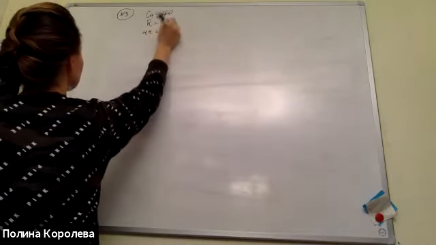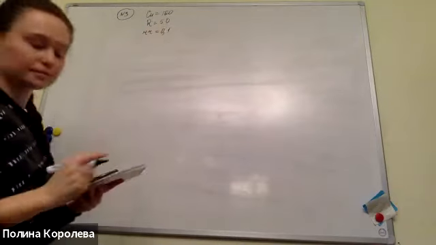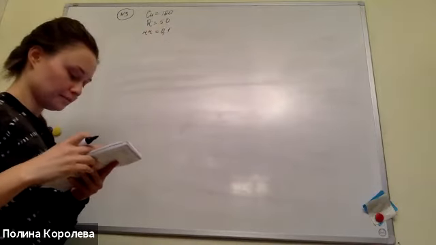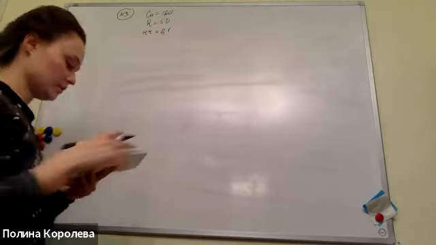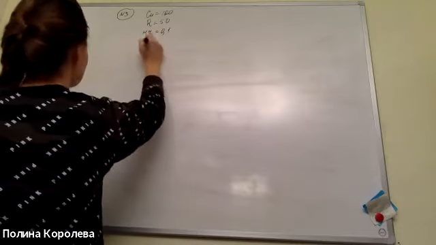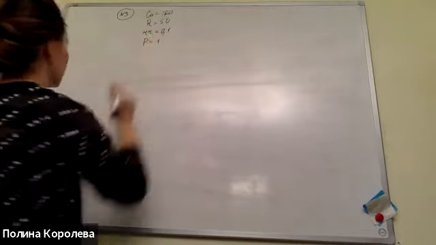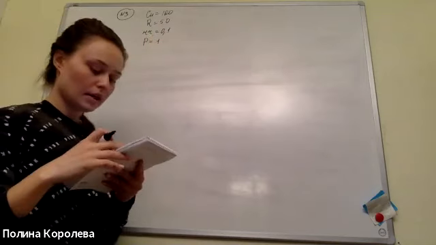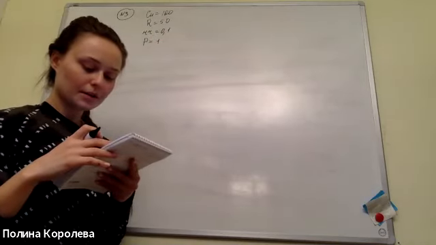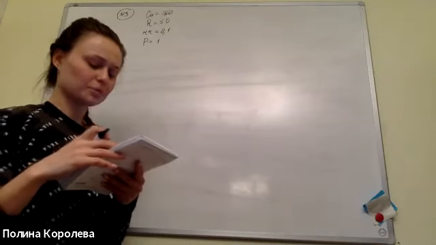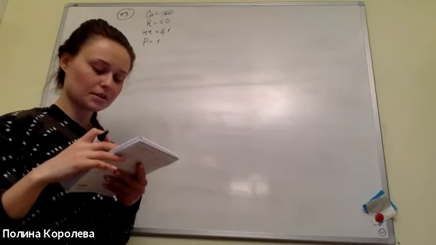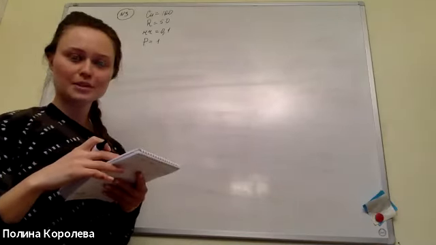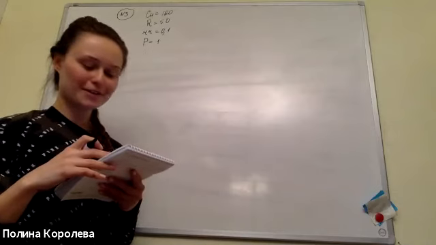RR 0.1. Then the price level is 1 and stays unchanged. Price level equals to 1. Aggregate output is 1,480. What is the letter for aggregate output?